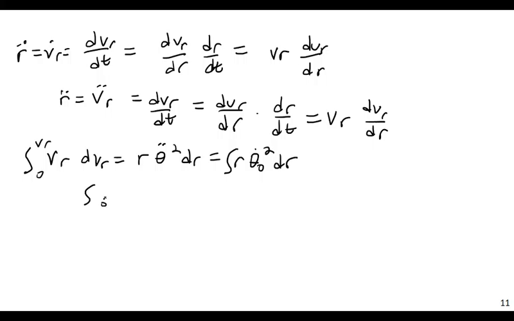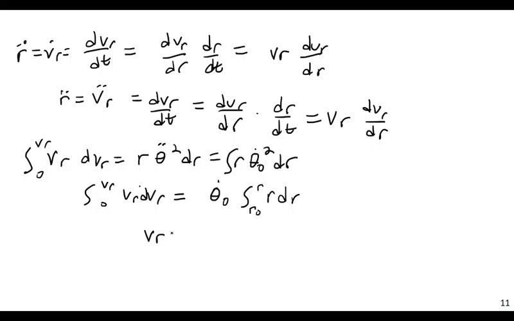So the integral from 0 to vr of vr dvr equals theta naught dot times the integral of r dr, evaluated from r naught to r, the initial radius to the final radius.